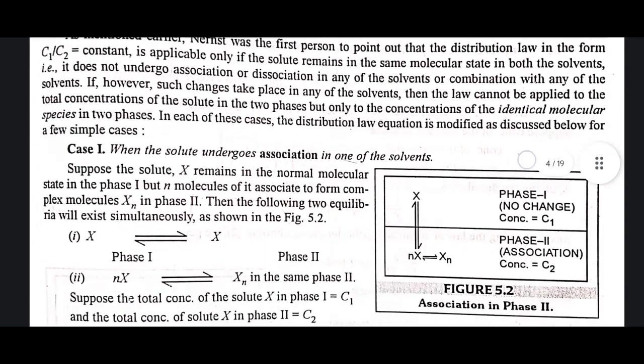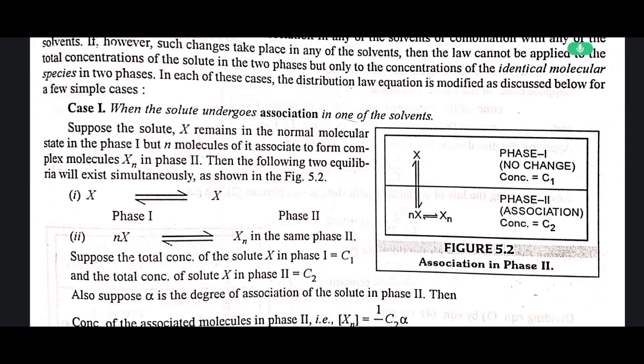For a few simple cases. Case 1: When the solute undergoes association in one of the solvents. Suppose the solute X remains in the normal molecular state in phase 1, but n molecules of it associate to form complex molecule Xn in phase 2. Then the following two equilibria will exist simultaneously.